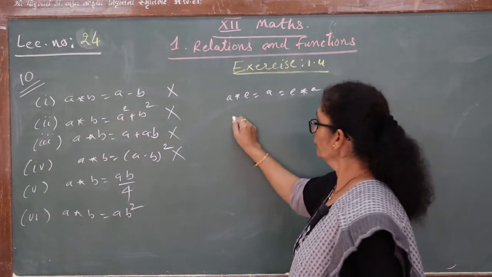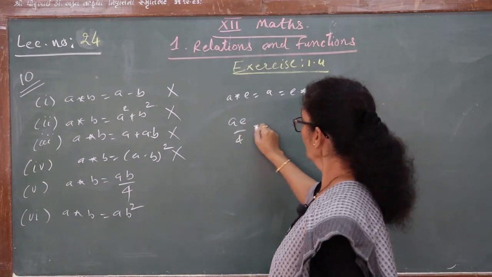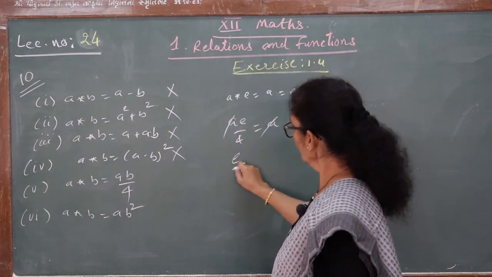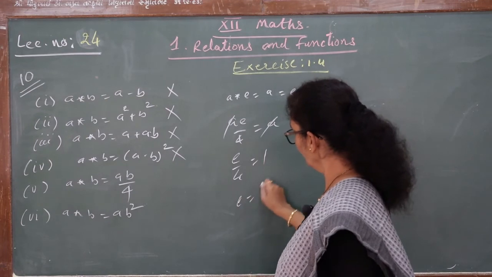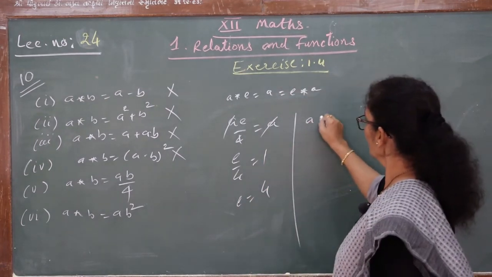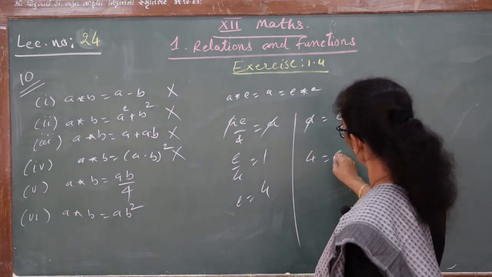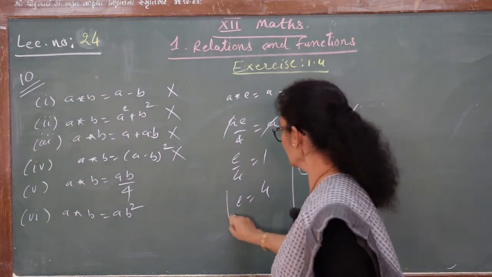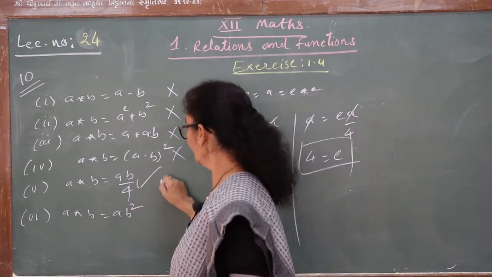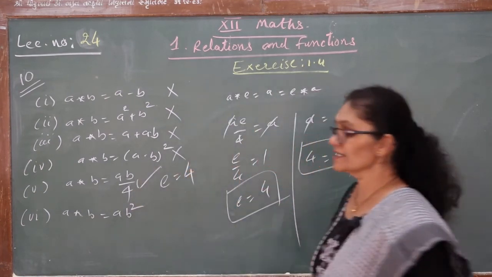Now come to the fifth one. ae by 4 equal to a, a cancels, e by 4 equal to 1. So e will be 4. Similarly check here, ea by 4, a cancels, 4 equal to e. So both ways you are getting the same answer. So here the identity element exists and it is 4.